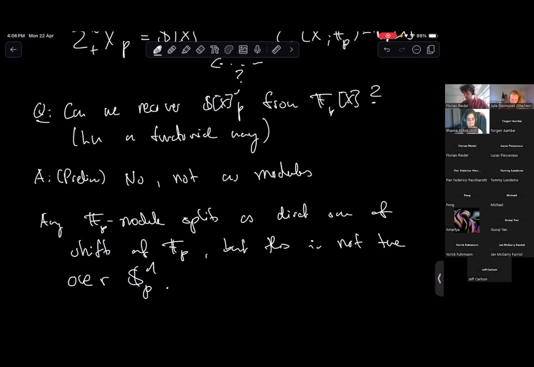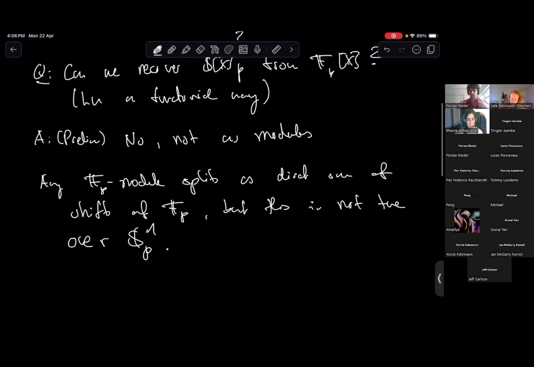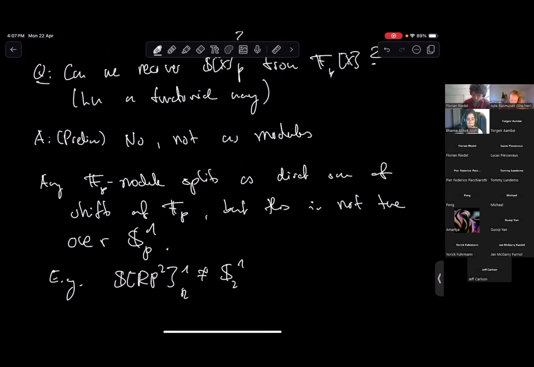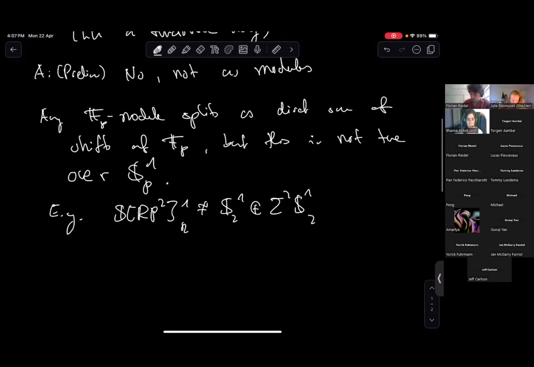I think a minimal counterexample is this. The point is just that spaces have k-invariants, they are glued together in non-trivial ways, and you don't see this over F_p. The minimal counterexample, so to speak, should be the spherical cochains of RP^2, 2-completed. This doesn't split as a sum of shifts of the 2-completed sphere as modules, but of course the F_2 homology of RP^2 does.